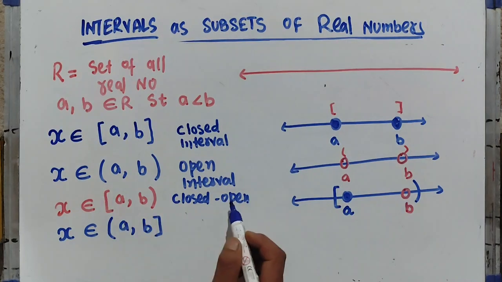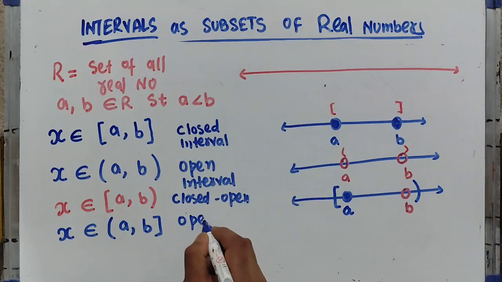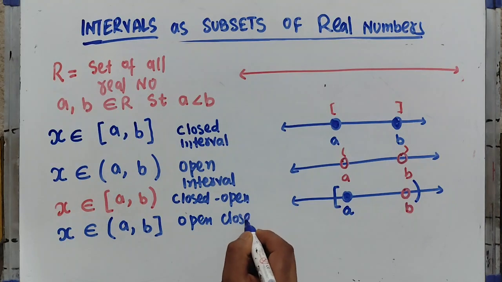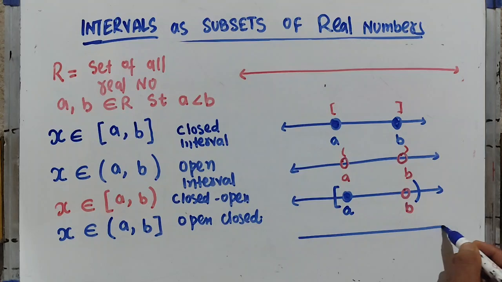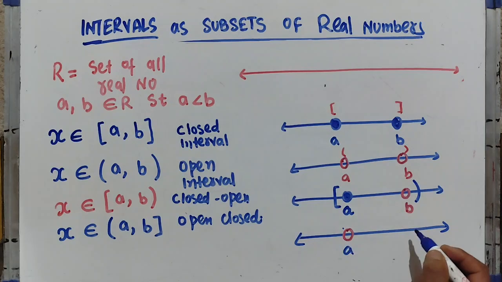This is called an open closed interval. And on the number line, what we have, from the left it is open, so let us put a hole here, and from the right it is closed. Let us color this. So these are basically the types of intervals.